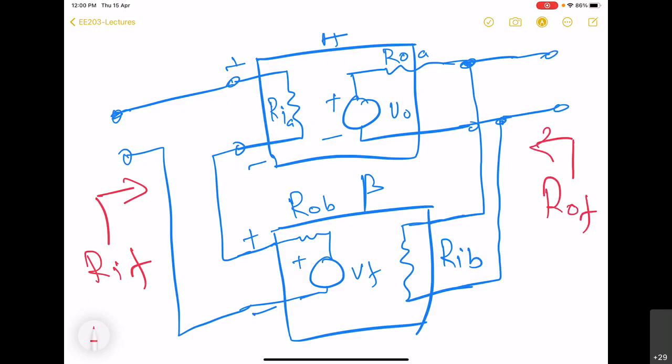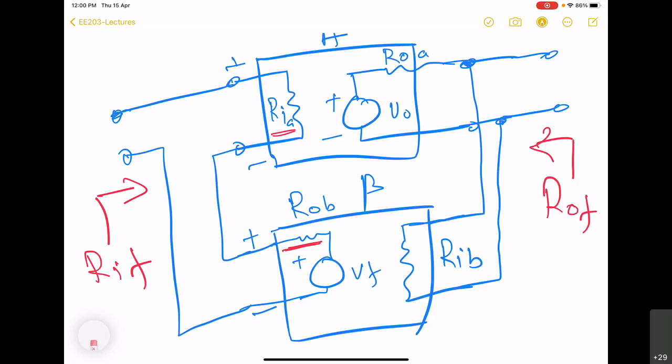So here also one can carry out the analysis. Analysis is not going to be very difficult because here you can see that this ROB and this RIA, they are actually in series, right?